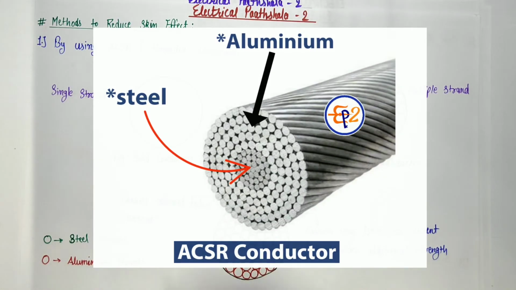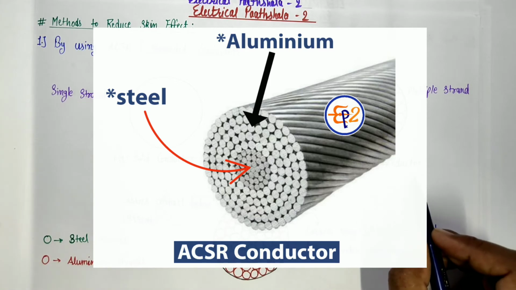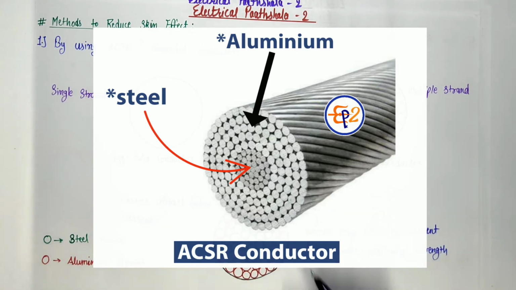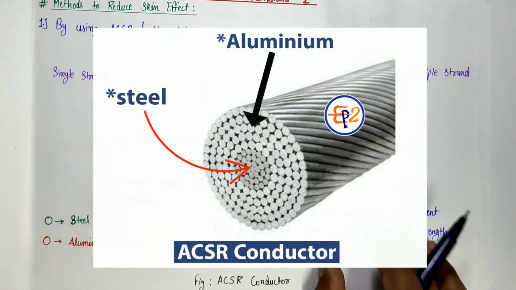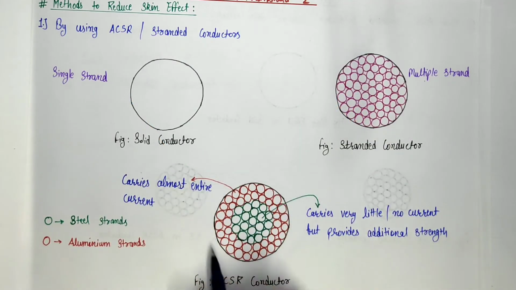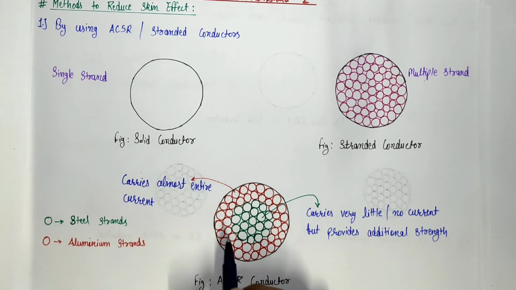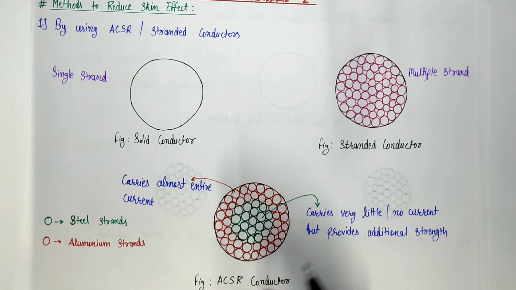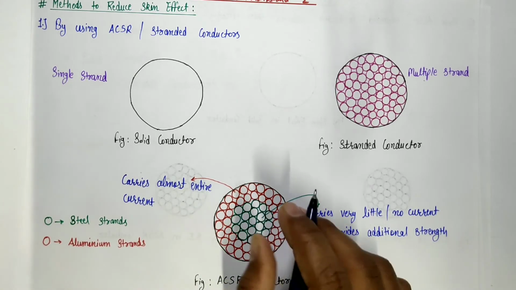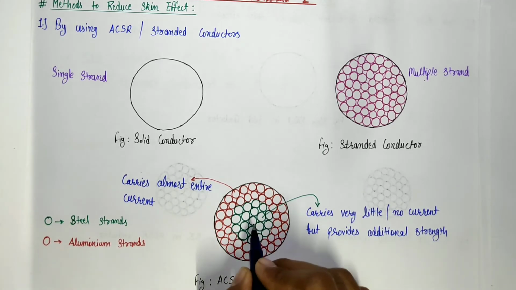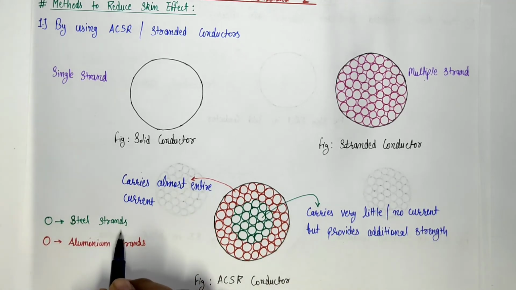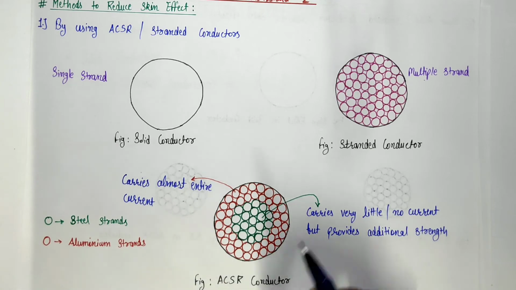ACSR conductor is a special type of stranded conductor. It is a high capacity and high strength stranded conductor in which the outer strands are made of aluminium wires. Aluminium is chosen because of its good conductivity, low weight and low cost, while the core is made of steel strands. Steel is chosen because of its high tensile strength.